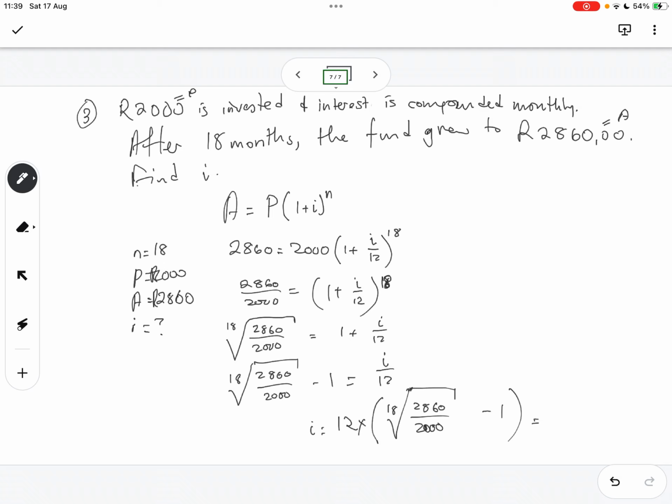I'll subtract 1, and I'll multiply that by 12, and then I get 0.2408, and I times by 100. Therefore, the interest rate would be 24.08%.